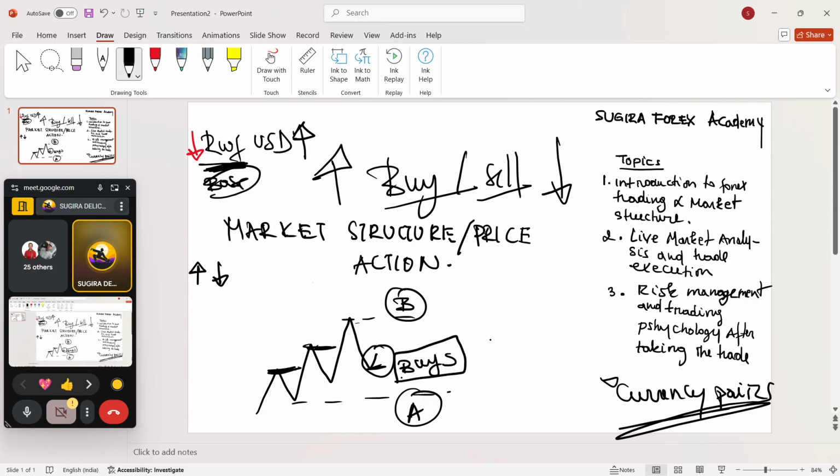For the one who asked me how you predict the market depending on the currency pair: if we are buying, it means the base currency is gaining value and the quote currency is losing value, for example with Rwandan francs and USD. If we are selling, it means the base currency is losing value and the quote currency is gaining value.